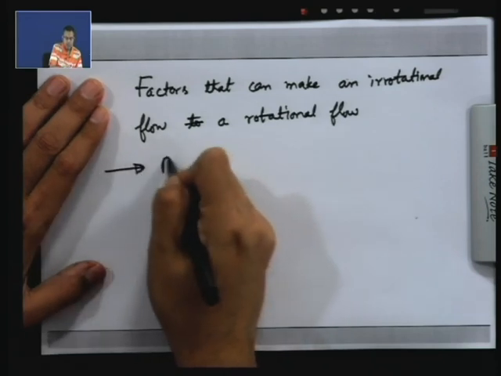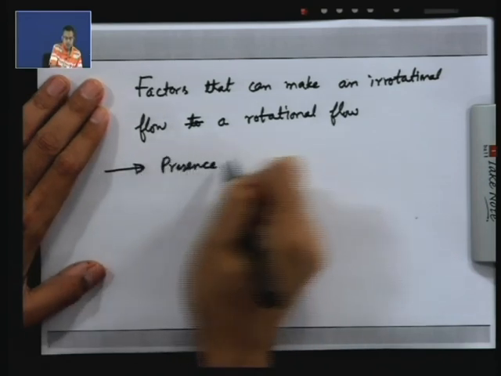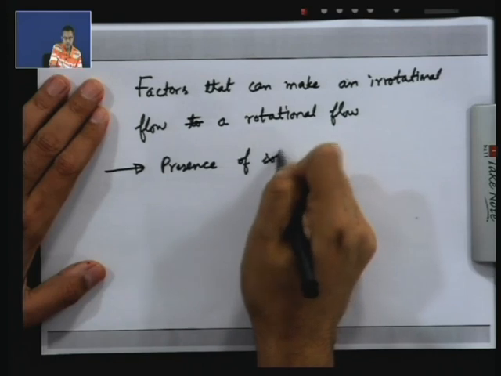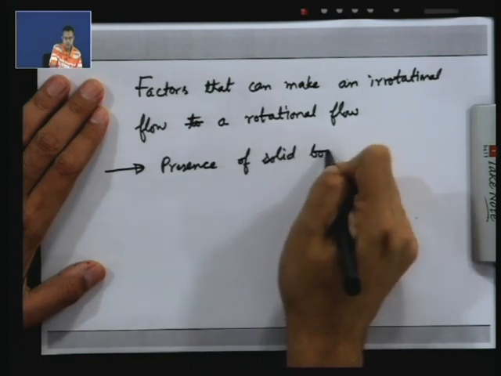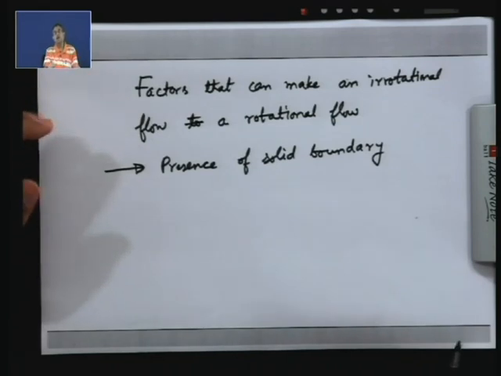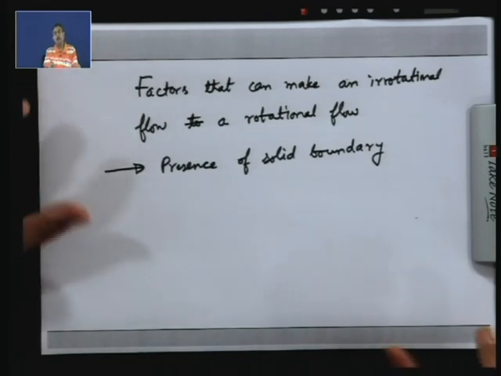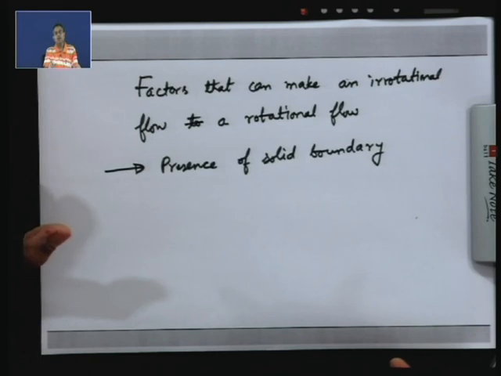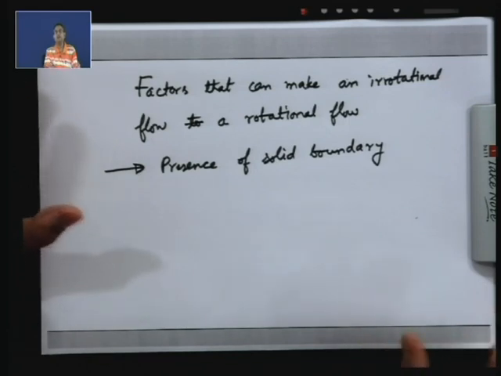First is presence of solid boundary. If you have a solid boundary, it tries to arrest the velocity and therefore it creates a velocity gradient, and because it creates a cross velocity gradient, it creates rotationality in the flow.